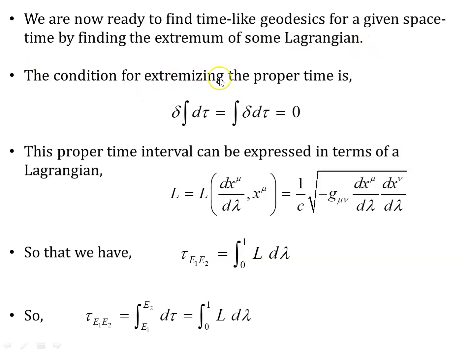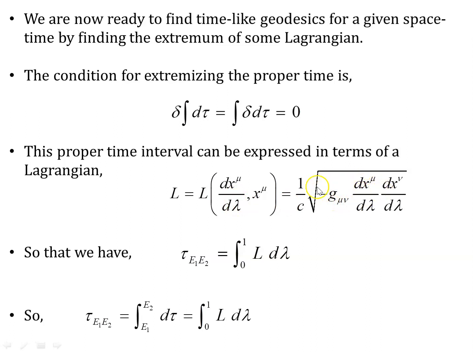Lagrangian. So the condition for extremizing the proper time is, and because this is what gives us, by extremizing the proper time, we locate the geodesics. So delta is the variation of the integral of d tau. We can take the delta, the variation symbol, inside the integral, and d tau here is equal to 0. Now this proper time interval can be expressed in terms of a Lagrangian. The Lagrangian, remember, is a function of the coordinates and then the derivative of the coordinates.